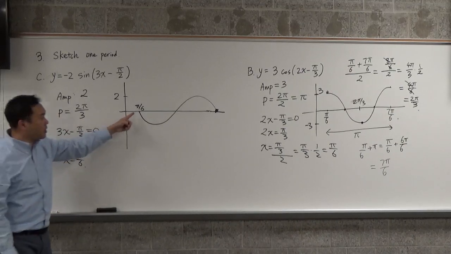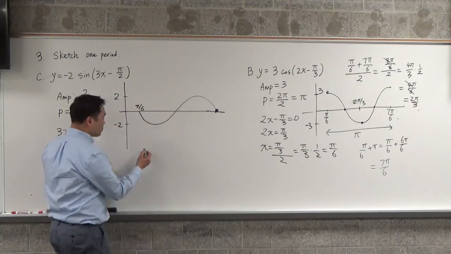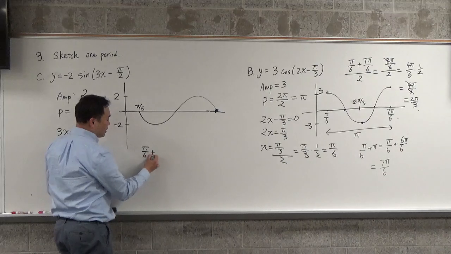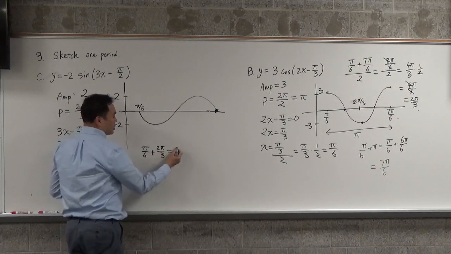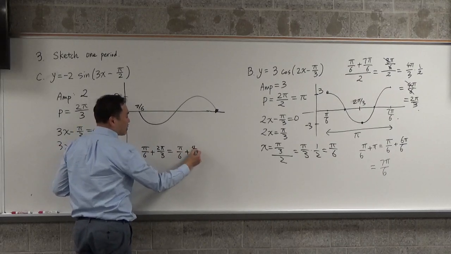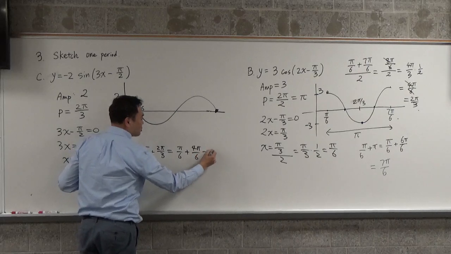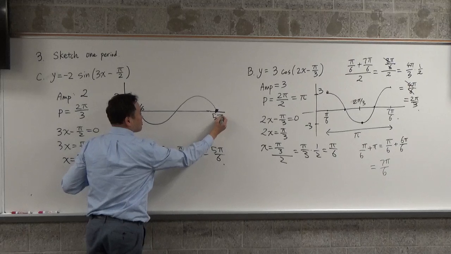So you start at pi over 6. One full period is 2 pi over 3. So you're going to take pi over 6, add 2 pi over 3. You multiply 2 top and bottom, you get 4 pi over 6, which gives you 5 pi over 6. So that's going to be 5 pi over 6.